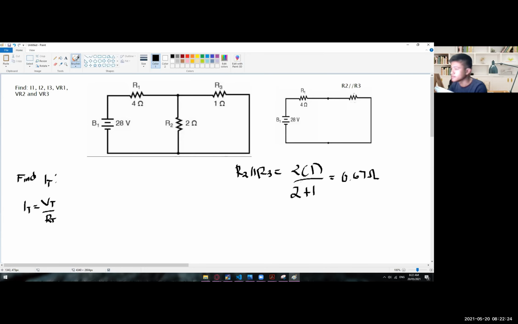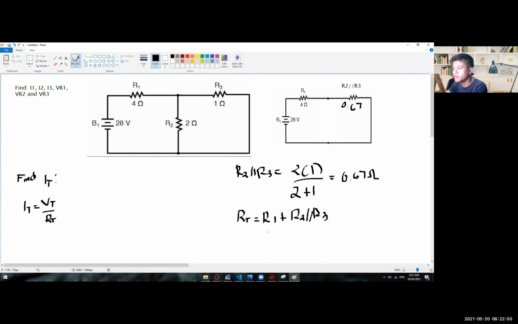Right here, we already have the value of R2 and R3, which is 0.67. And as you can see, they are now in series: R1 plus R2 parallel to R3. That is the result for our total resistance. RT is equal to R1 plus the value of R2 and R3.